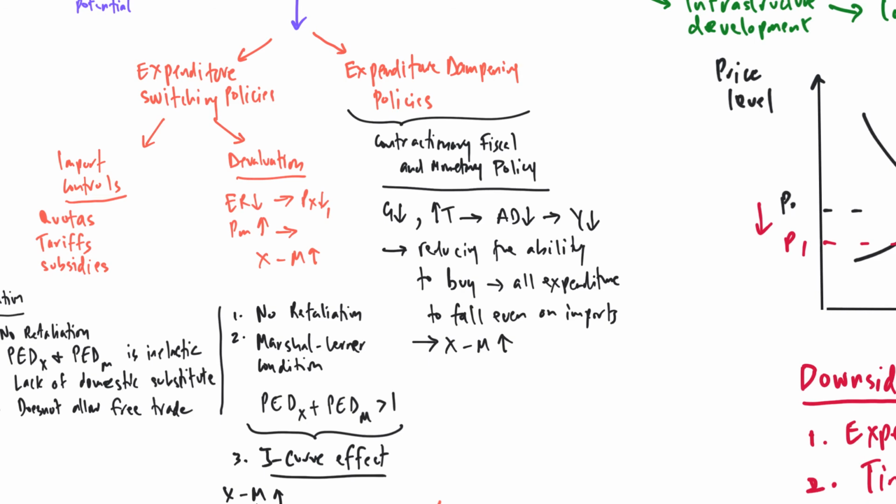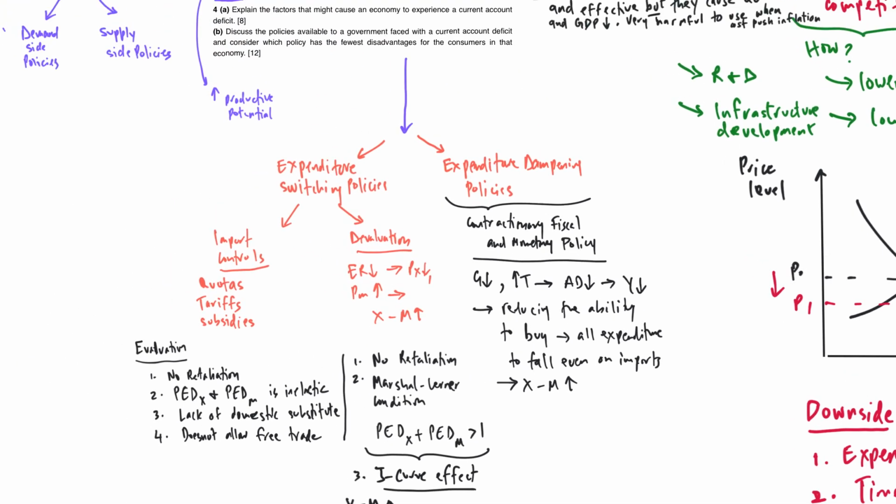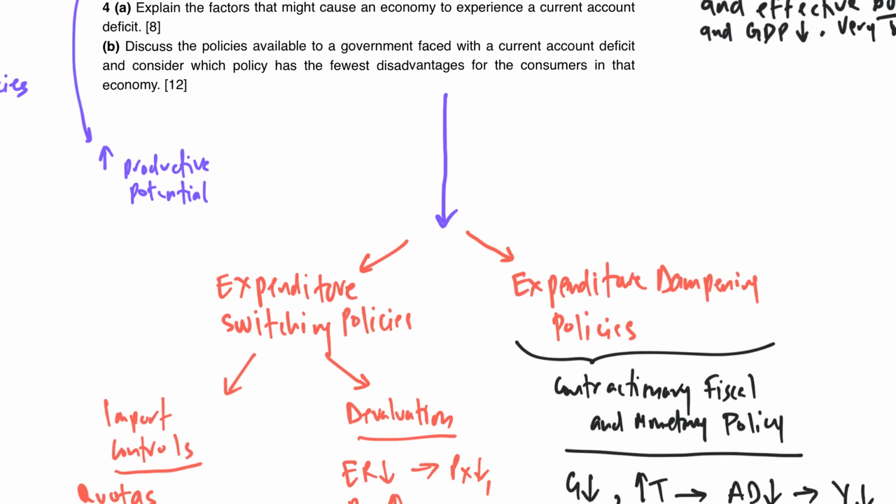And we can conclude this answer by saying that, probably, to go forward, the best policy with the fewest disadvantages could be, in the long run, supply-side policies, which could ultimately result in a country getting a competitive advantage and therefore not having a recessionary impact on the economy, and in turn also result in no retaliation.